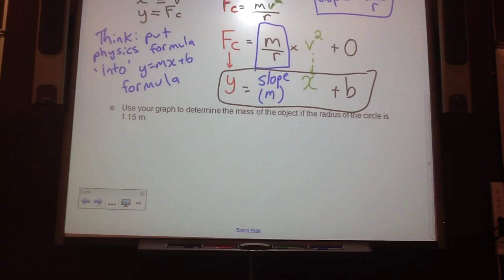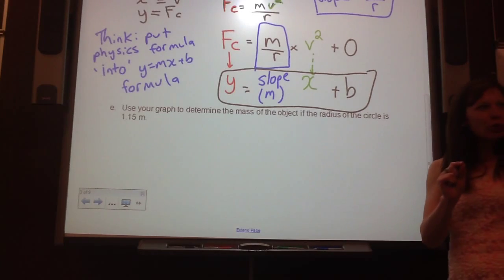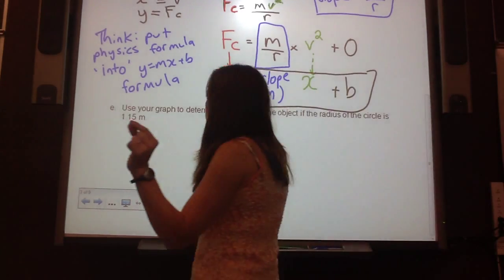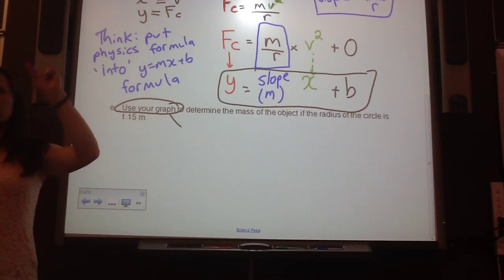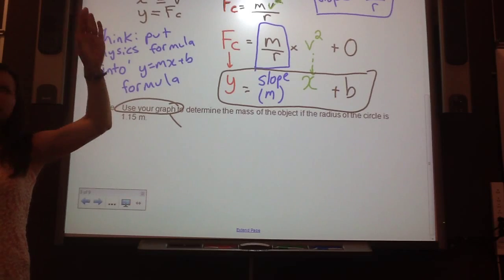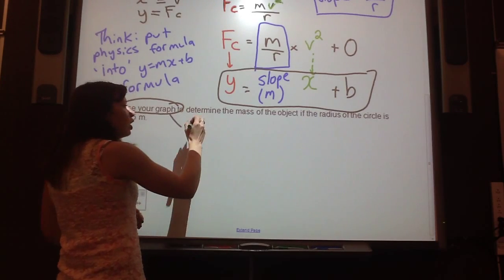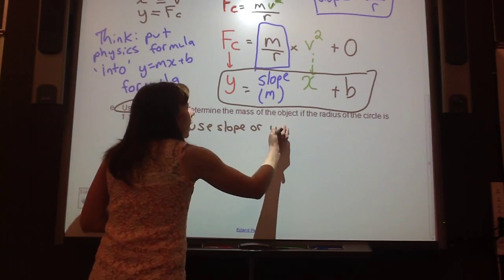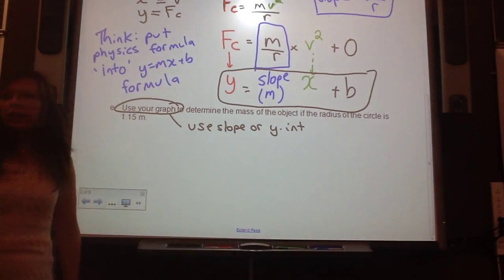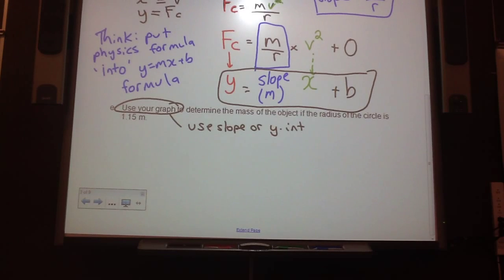Okay, so whenever it says use your graph, that's a big time hint, blinking lights, to say use slope or y-intercept. You need to use either one of those, that data that you gather from your graph, in order to solve the problem.